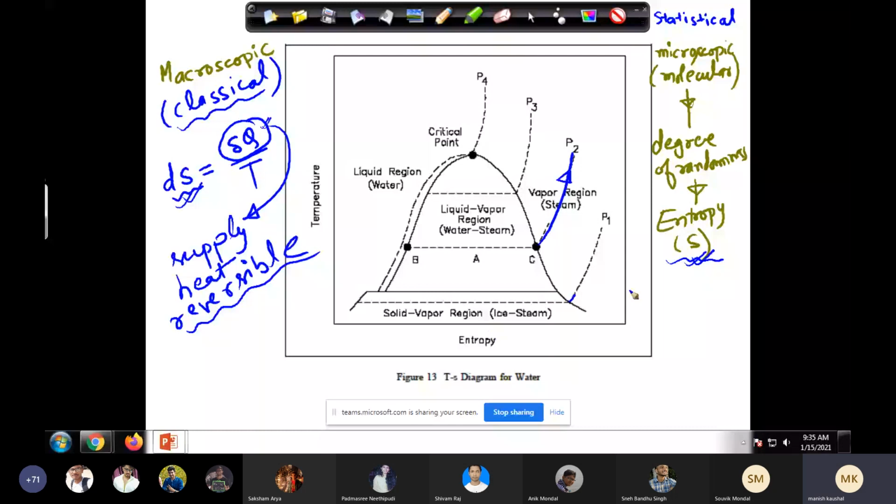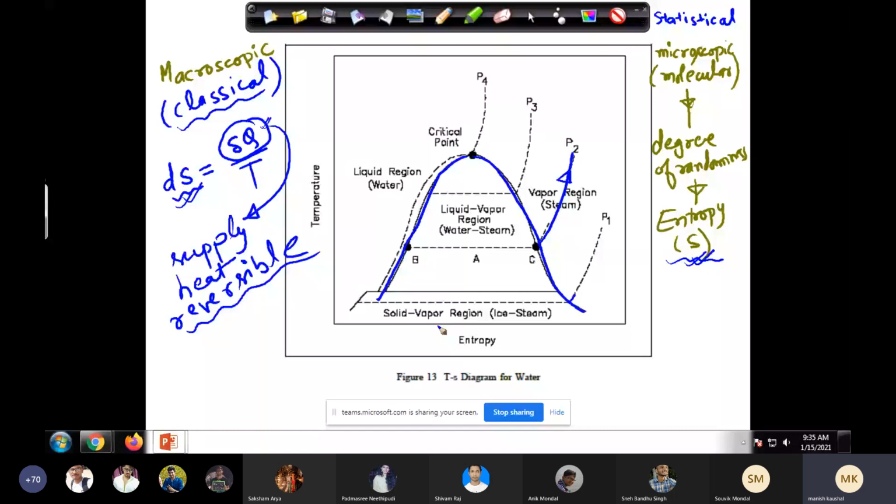These are isobars. Again, you can create such diagrams, this TS diagram, and you will get the same thing: this is the saturated vapor line and this is the saturated liquid line. What is interesting to see here is that in PV and TV diagrams, V was the extensive variable, and P and T are intensive variables.